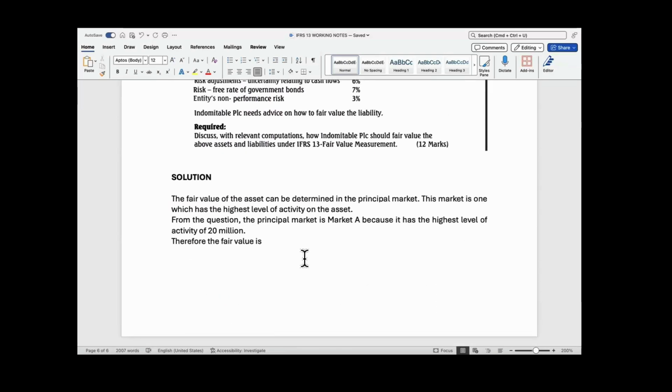So the fair value is 85, which is the selling price 95 minus the cost of entering the market of 10.